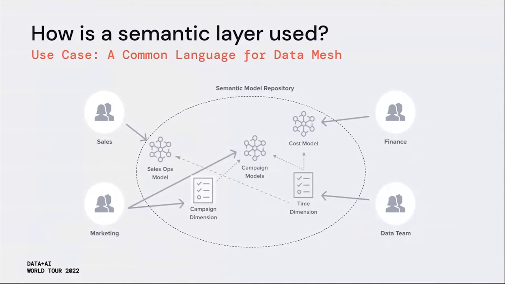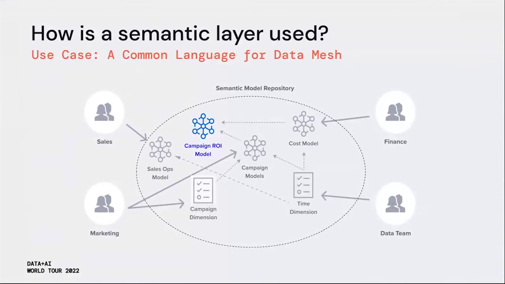So now we have three different models in this example: a sales ops model, a campaign model, and a cost model. If we have a common semantic layer platform managing all this, we can, for example, create a combined model by combining the campaign model and the cost model to create a campaign ROI model.